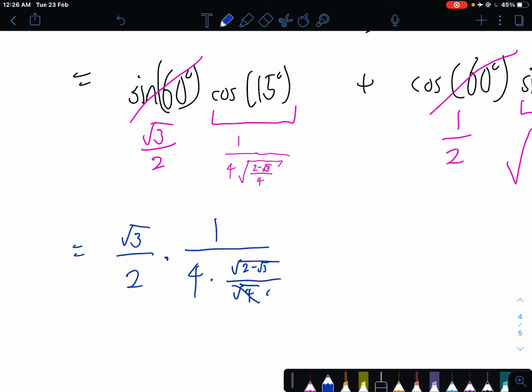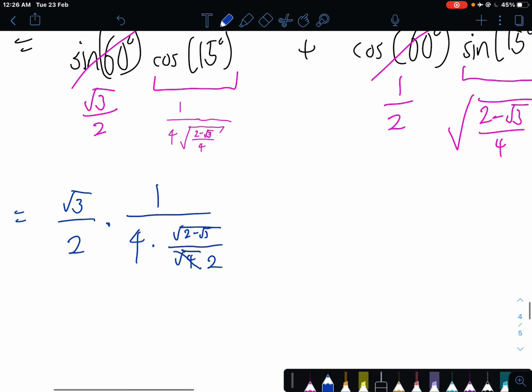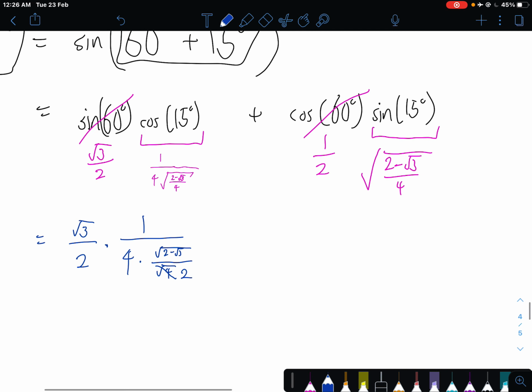The square root of 4 is really just 2, so 4 cancels with the 2, which means you're left with a 2 here. So this first term will simplify into root 3 over 2 times 2, 4, multiplied by this.